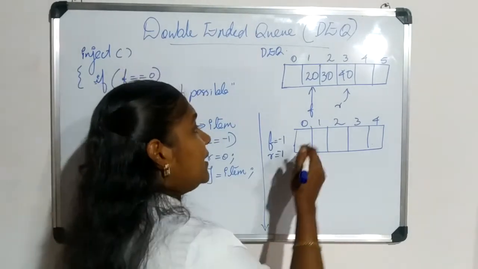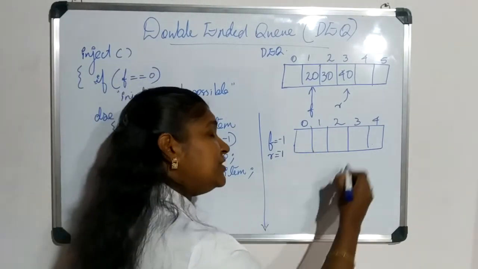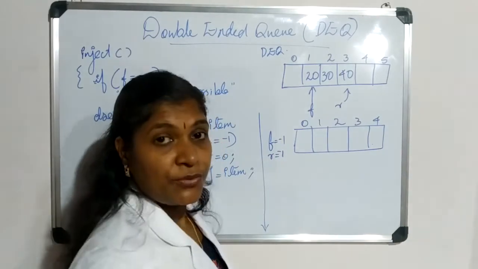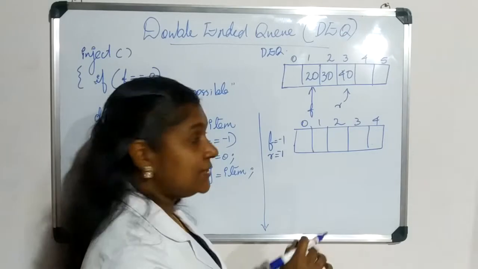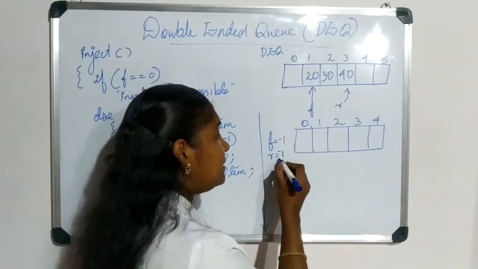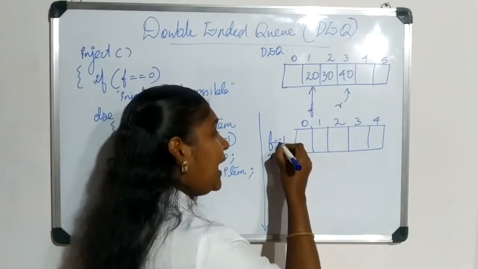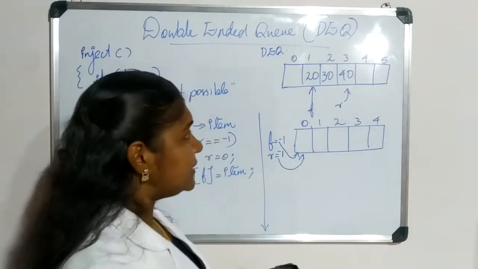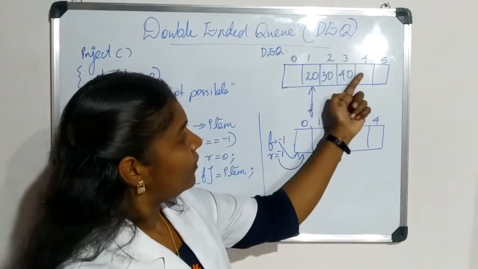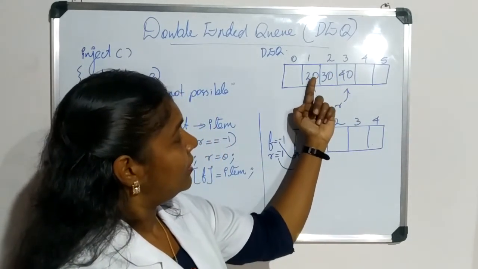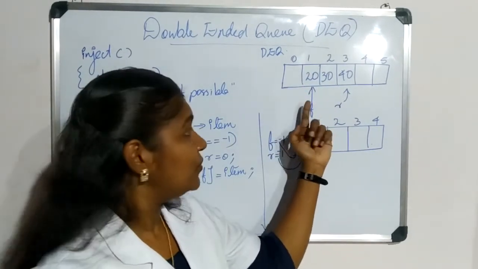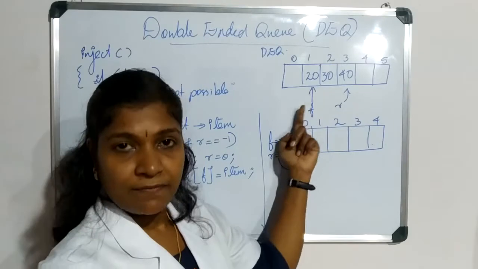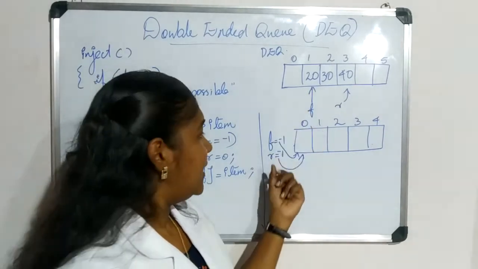If the injection is to an empty queue, then what is to be done? To simply consider this case, we need to explicitly bring R and F to this location. For the inject operation into a non-empty queue, we will be decrementing the value of F.